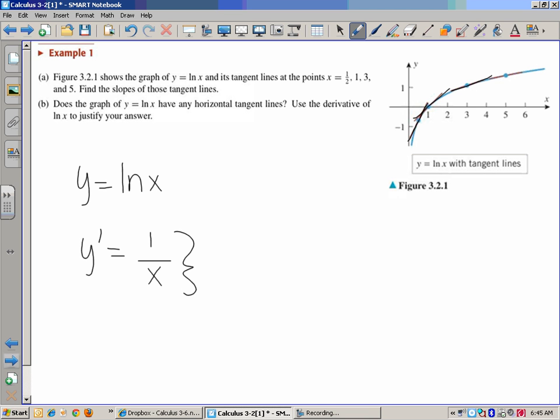Is this ever going to be equal to 0? For a fraction to be 0, the numerator has to be equal to 0. Since 1 will never be equal to 0, the answer to B is no. The numerator is never going to be 0 in this case. So y equals natural log of x does not have any horizontal tangents, and the reason is the numerator will never be 0.